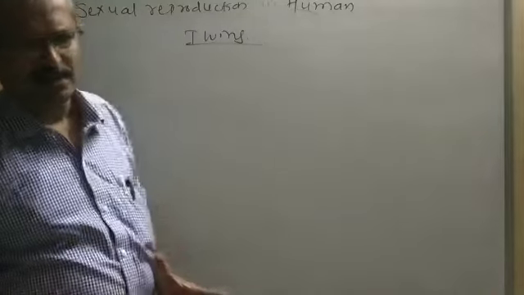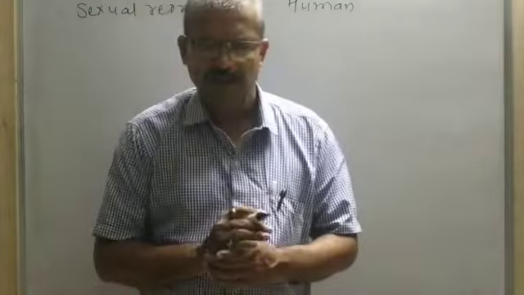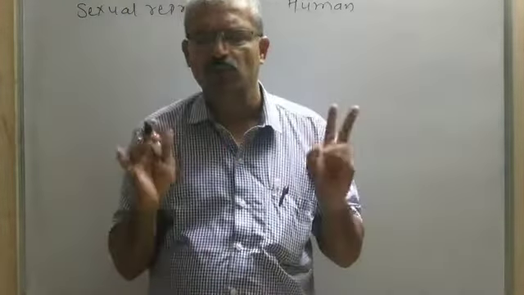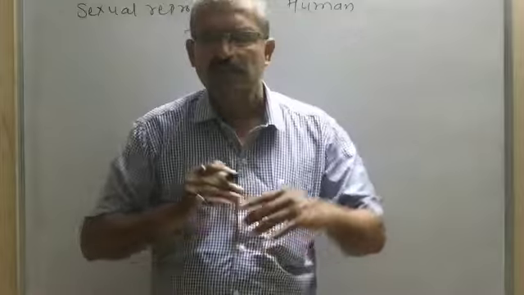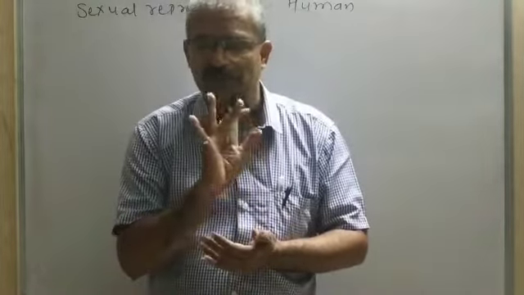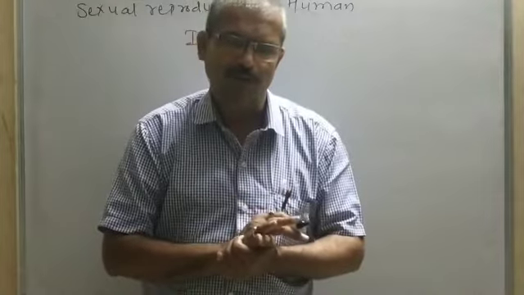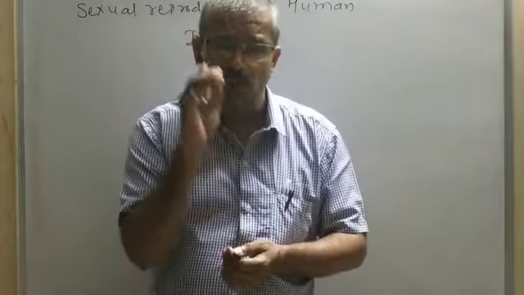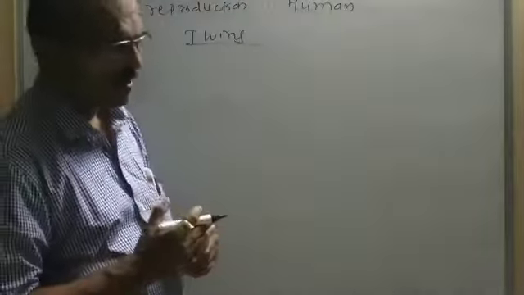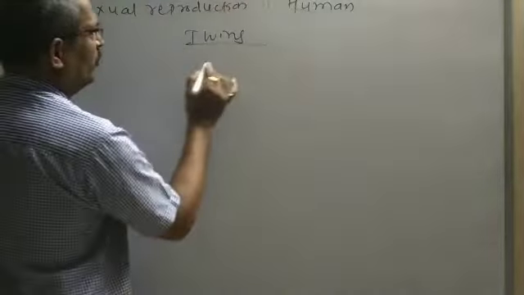Twins means a woman gives birth to two babies at a time. Sometimes 3 babies are born, sometimes 4. There is even a record made by a woman of London, who gave birth to 8 babies. So when more than 1 baby is born at a time, that is called twins.